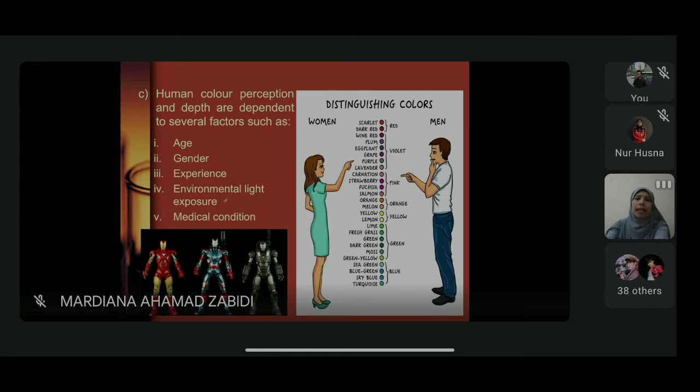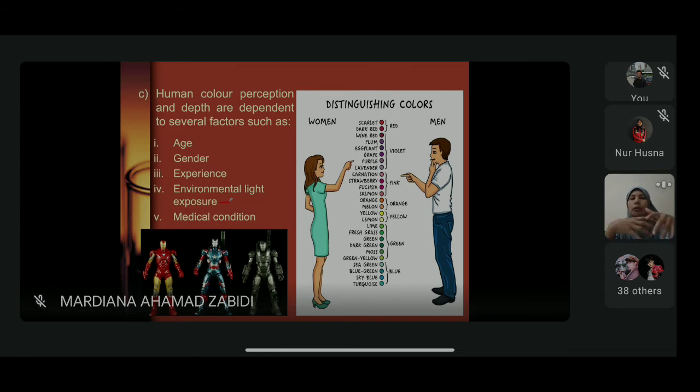Alright, and then in terms of environmental light exposure, for example a yellow bulb compared to a fluorescent bulb, and then sunlight. These types of light source give a different perception of the color for that particular product.